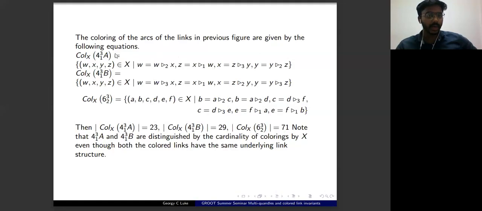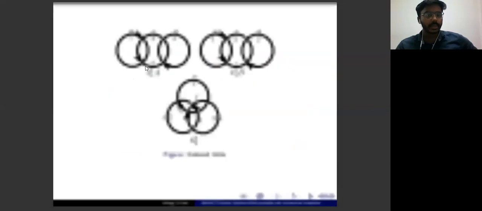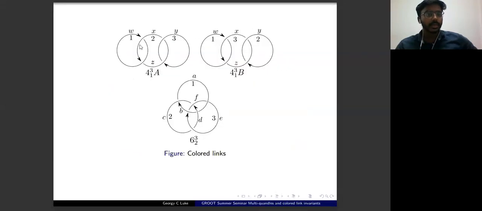To calculate the number of colorings, we consider the tuple W, X, Y, Z. The crossing relations are W is equal to W del 2 X, where 2 is the coloring of the component of the overstrand.